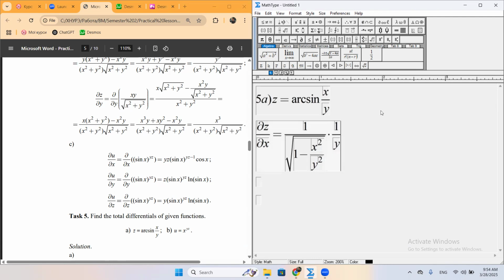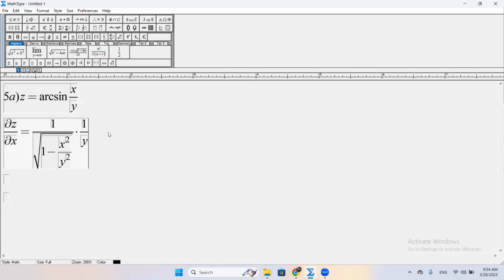Let's also simplify it a little bit. I can move y under the square root, and I will receive the simplified expression: 1 over the square root of y squared minus x squared.